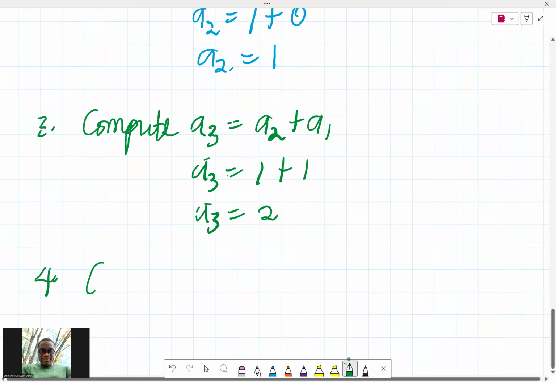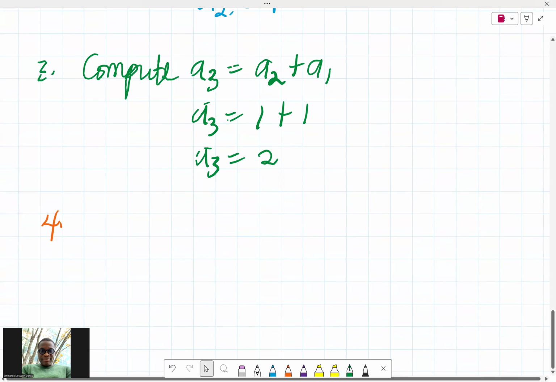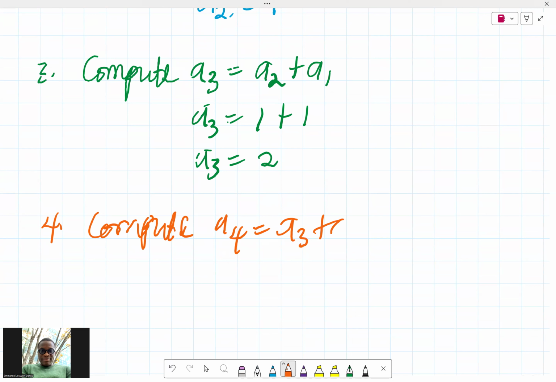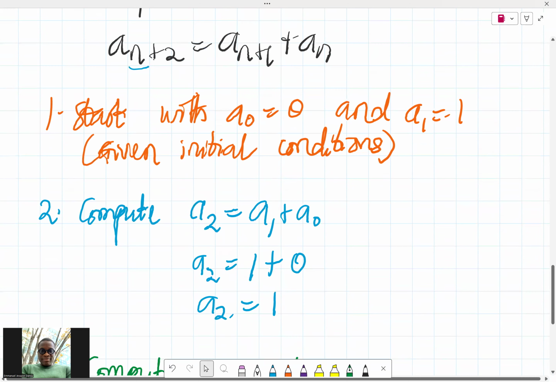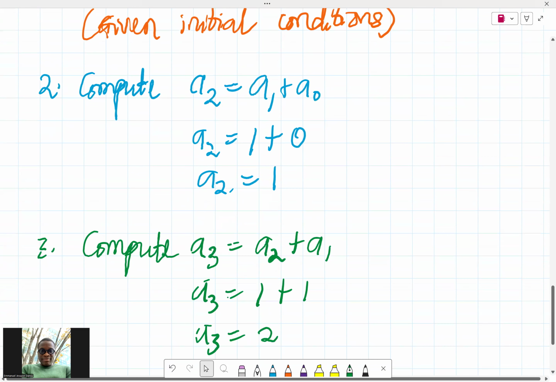Then the fourth step: you compute a4, which is a3 plus a2. a3 is 2, a2 is 1, so a4 is equal to 3. So you have a naught, a1, a2, a3, a4.